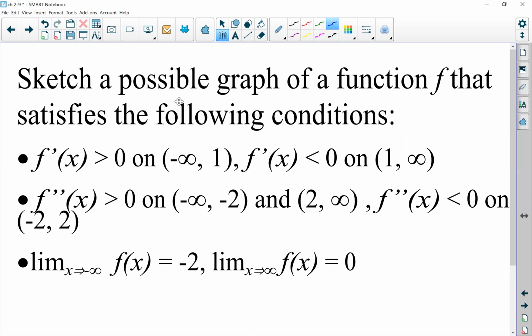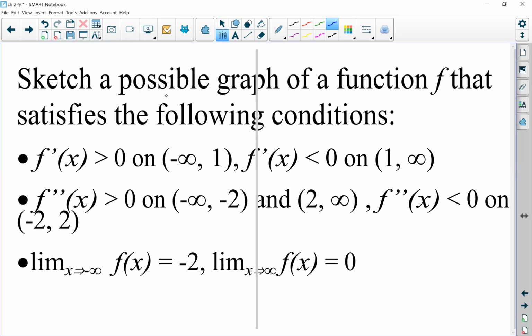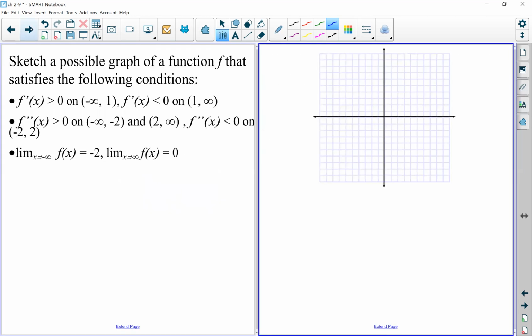Right. So I'm going to do that dual display so that I can see sort of what's going on and then graph it.